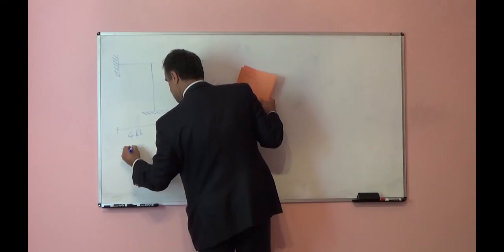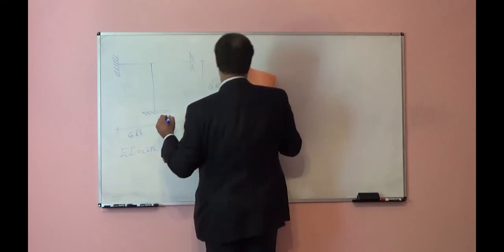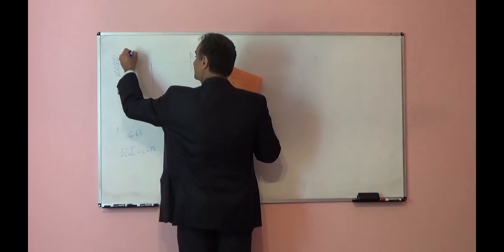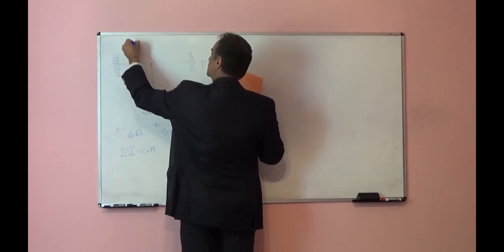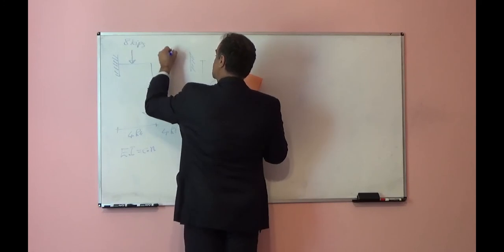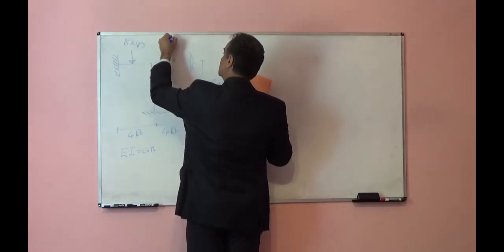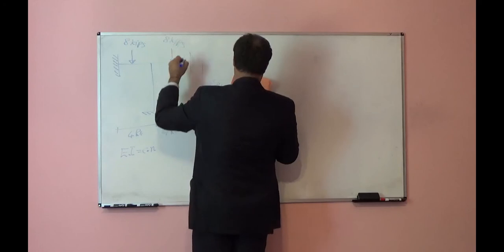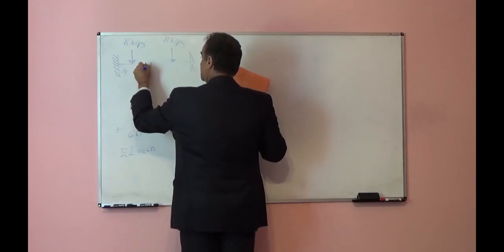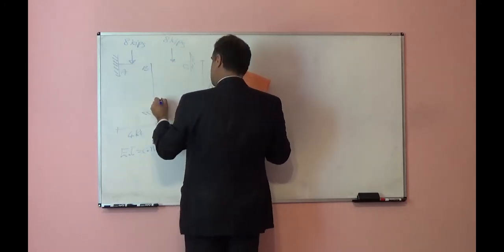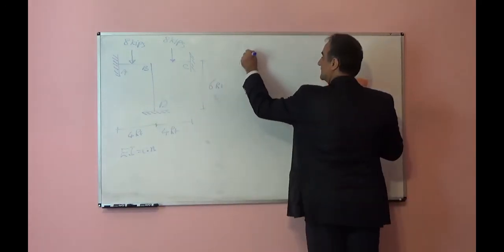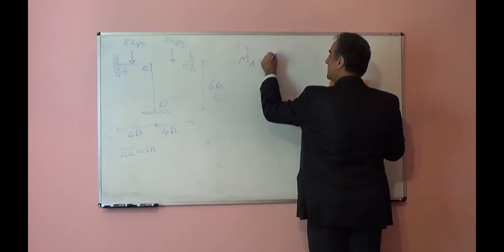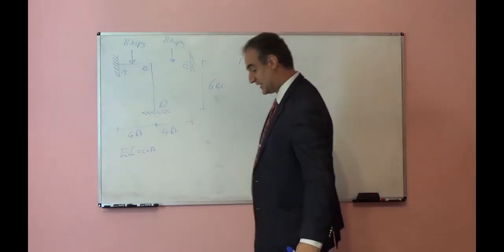EI is constant, and we have here at midspan an 8 kips load, and here again another 8 kips. A, B, C, D. We want to find M, A, the support traction at A.